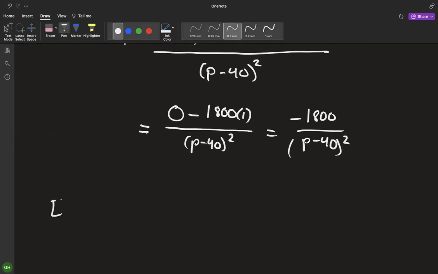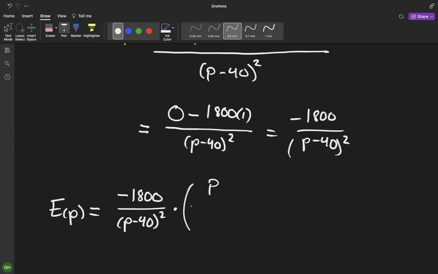So that means our elasticity is equal to negative 1800 over P minus 40 squared, times P over 1800 over P minus 40, like this.